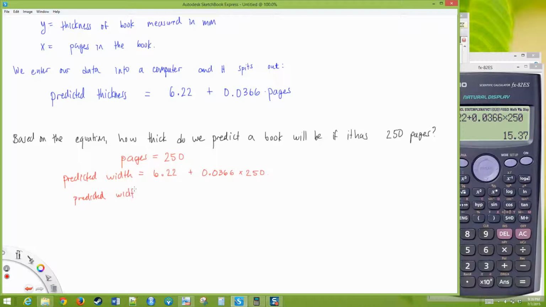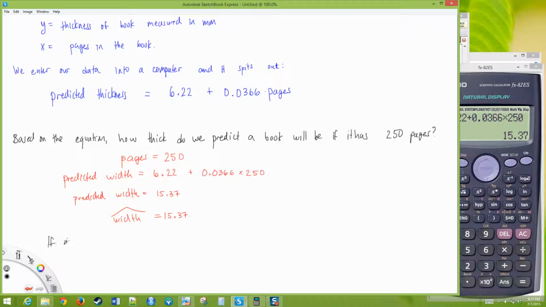Predicted width is equal to 15.37. Another way I can write this is width with a hat is 15.37. So what do I write?